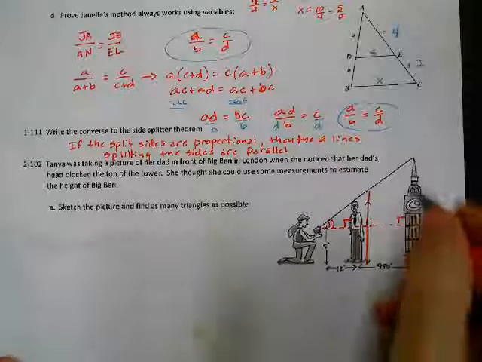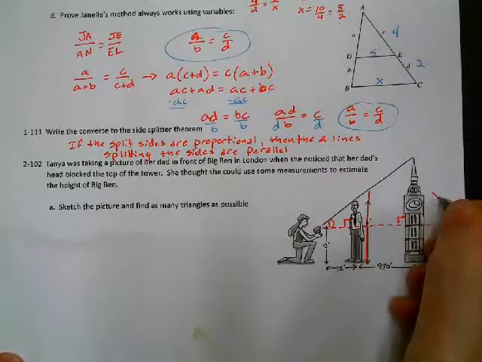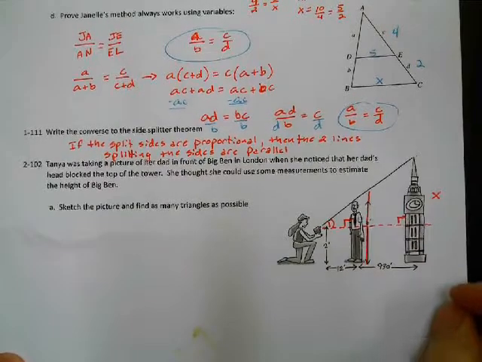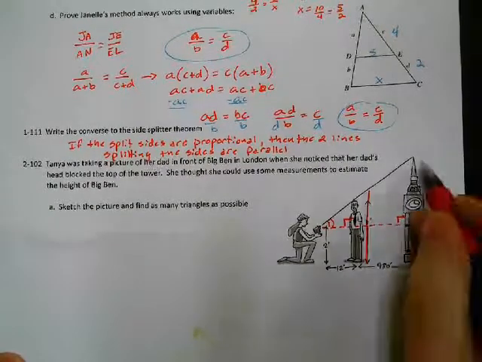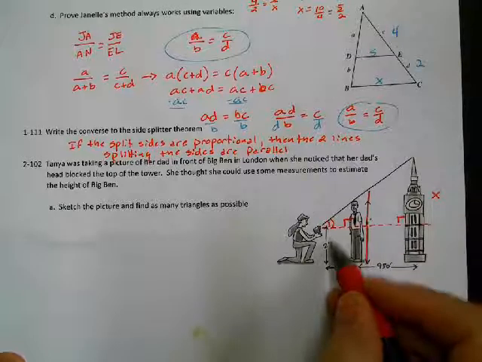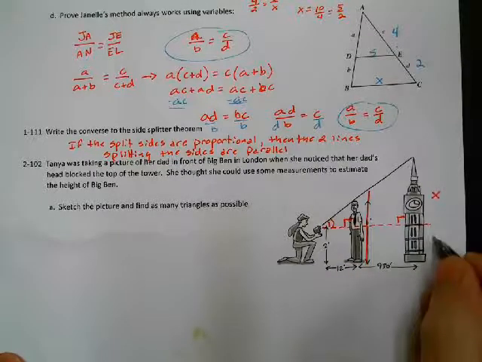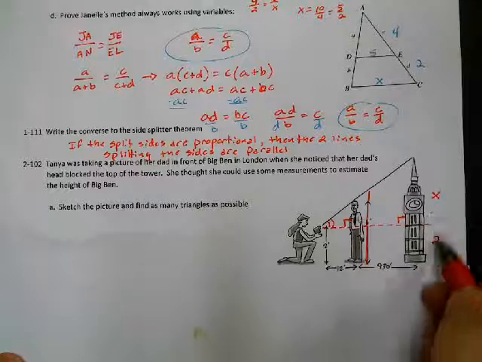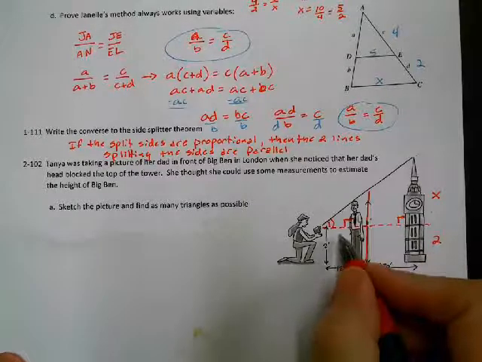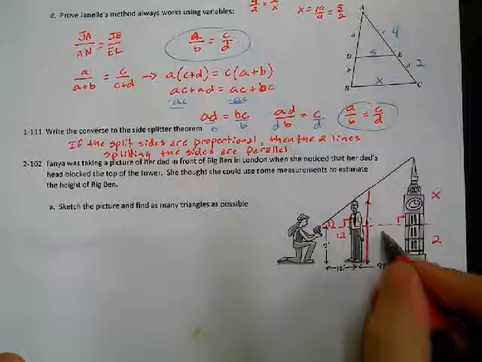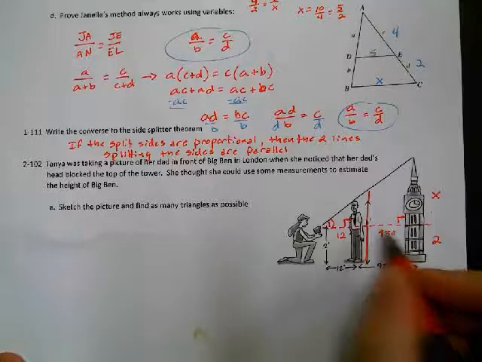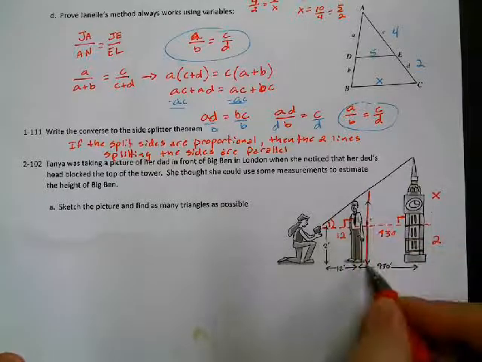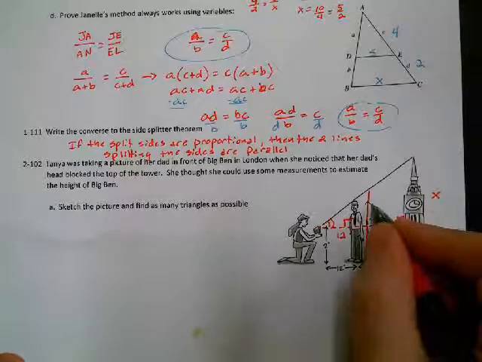That is x over here. Well, actually, that's not Big Ben. X plus this 2 feet is Big Ben. So whatever we solve for x, we're going to have to add 2 feet to it. This distance is 12 feet. This distance is 930 feet. And then this height here, we've got 2 feet off the ground. So that means the remaining height is 4 feet.